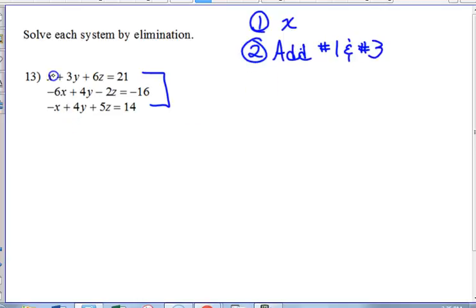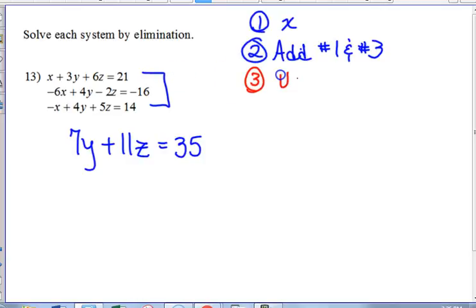I will get 7y plus 11z equals 35. Okay. Now then it gets a little more complicated. How about if I use equations 1 and 2? And I'm going to eliminate the x, so I need to multiply 1 by what?